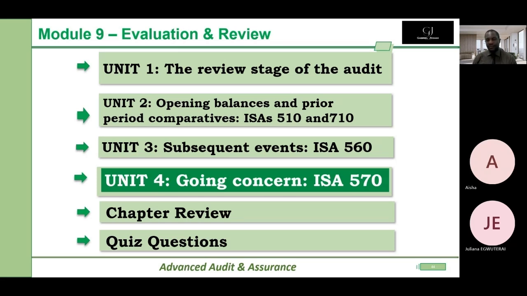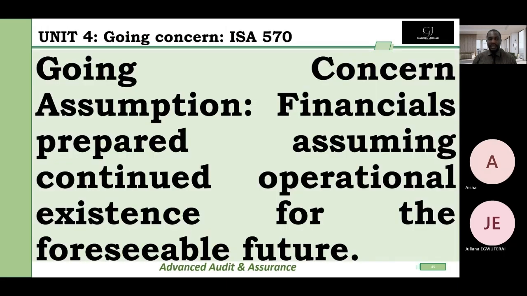Okay, so let's go. Unit 4, going concern, ISA 570. The going concern assumption is that a company is supposed to operate in perpetuity, shouldn't stop in the near future. That's what the going concern speaks to. The company shouldn't stop as a result of liquidation or total shutdown of operations as a result of 1 or 2 issues bedeviling it.